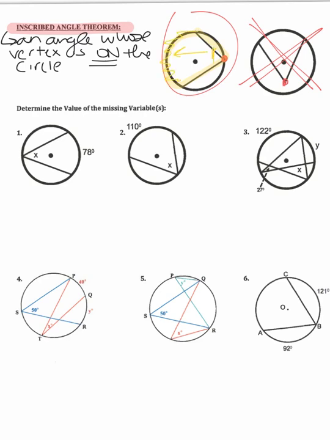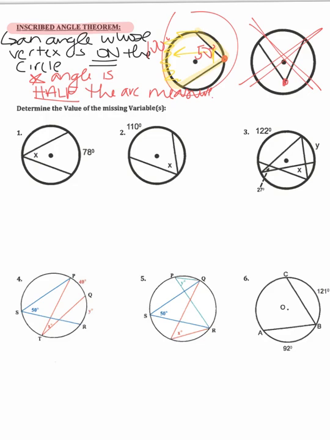That angle doesn't look the same measure as that arc, because with an inscribed angle, the angle is half the arc measure. So if my arc was 100, my angle would be 50 degrees.